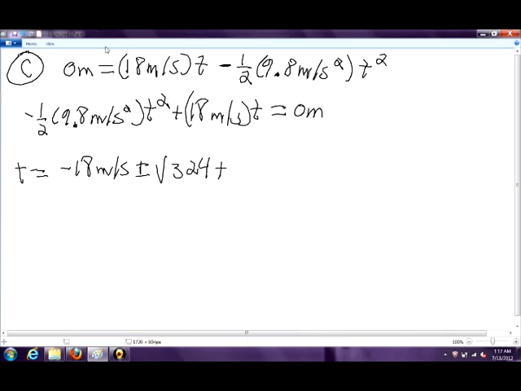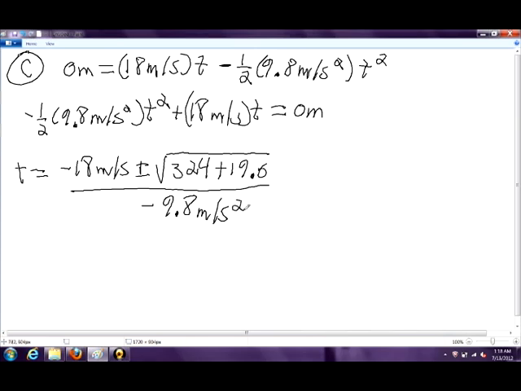So plus, well, that's just going to be 2 times 9.8, 19.6. All divided by 2a, which is going to be negative 9.8. And I realize that I keep forgetting to write in the units under the radical there. Sorry about that.